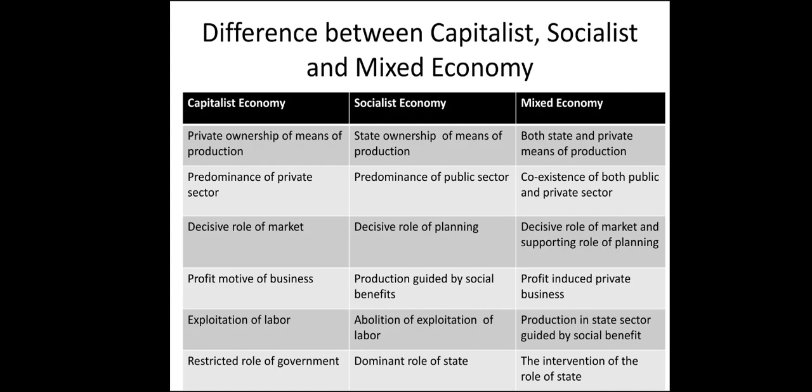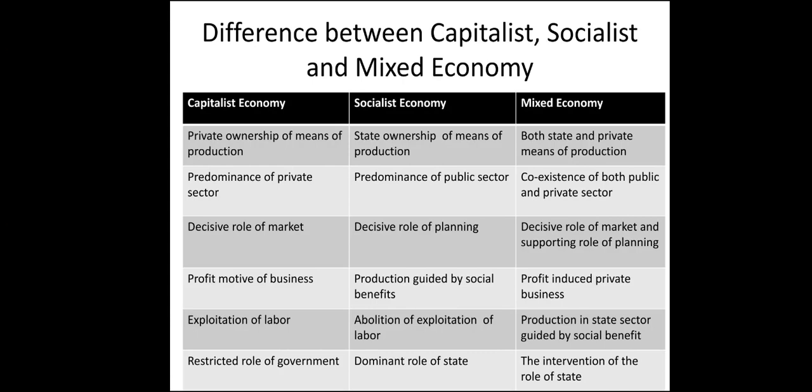So this we discussed earlier, that capitalist economy is based on private ownership where the government interference is minimum. So all the major decisions on means of production are taken by private owners.